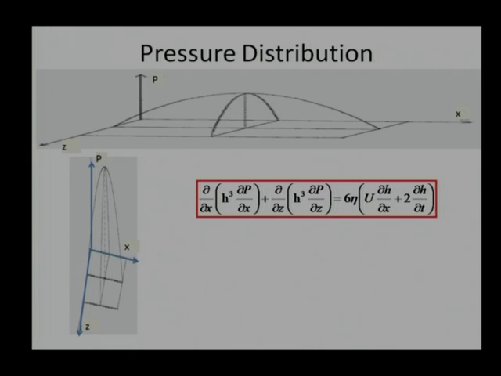In one figure, we are assuming the x direction dimension is much larger compared to the dimension in z direction. In the second figure, we are assuming the x direction dimension is much smaller compared to the dimension in z direction.